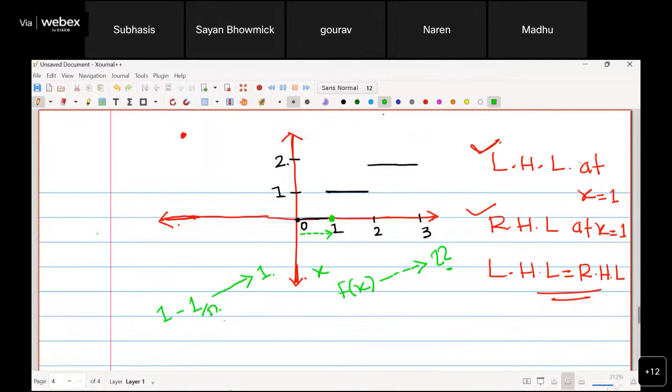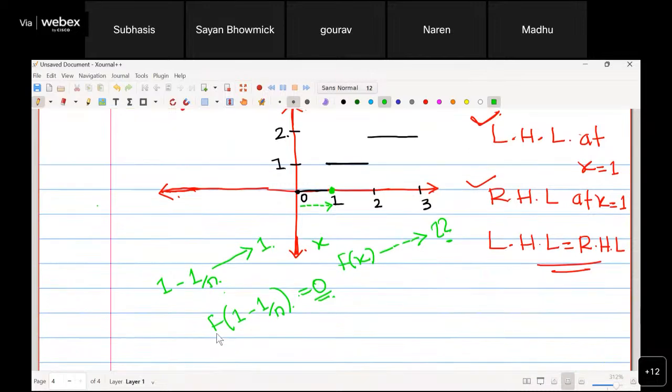So the function value at 1 minus 1 by n is basically 0, because it is in between 0 and 1, so at that point the value of the function is 0.